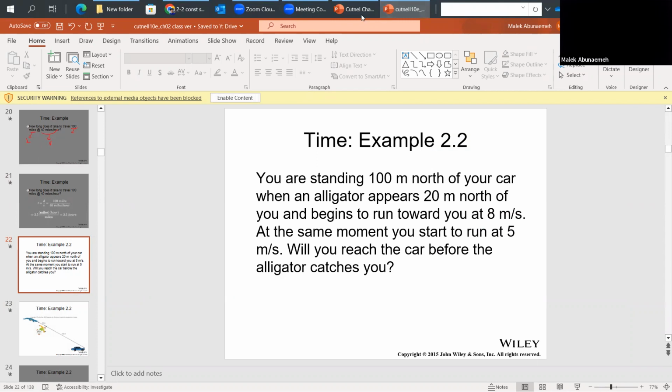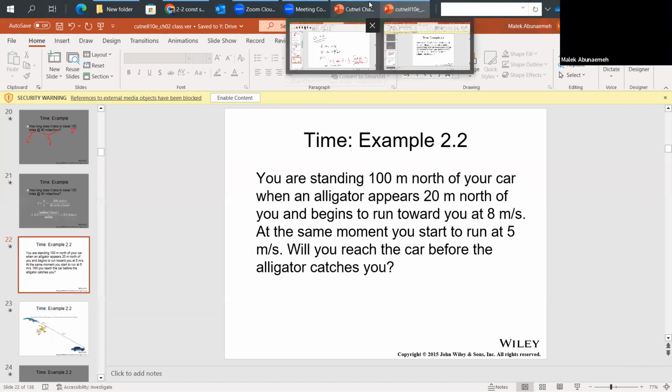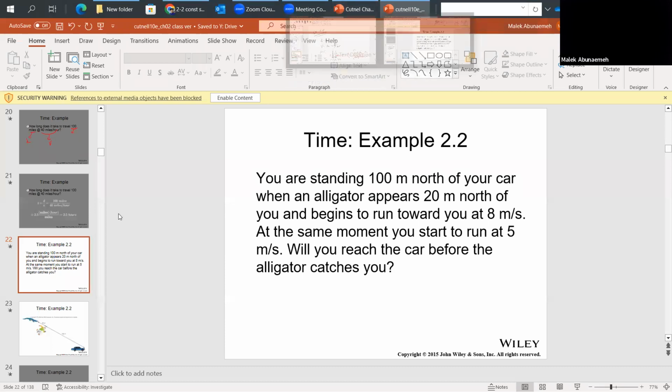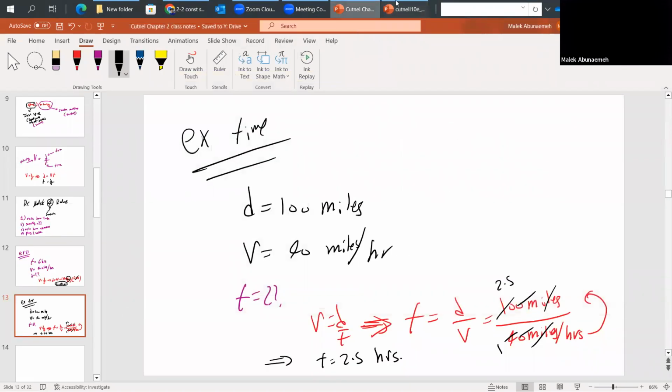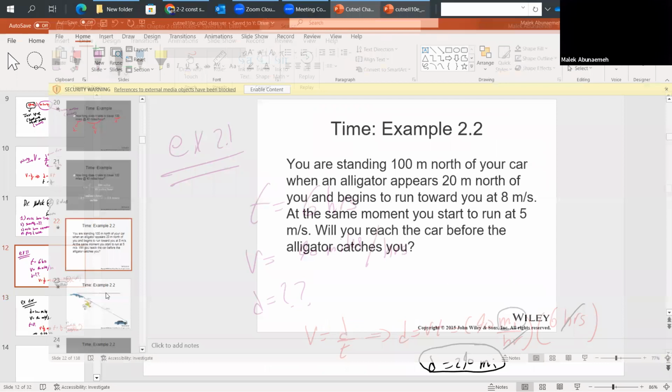All right, well, let's look. In this example, you have two variables. You've got a person, which is you, and then you've got an alligator. So let me go ahead and do example 2.2.